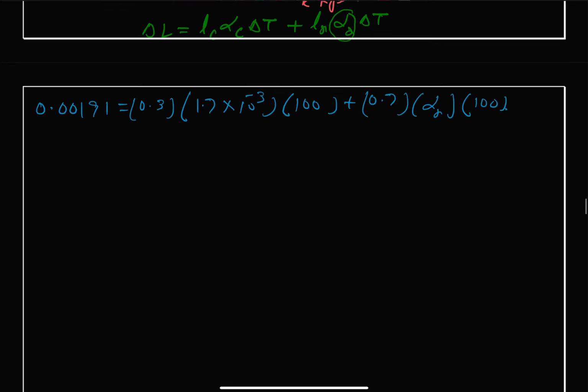So from here we get our alpha of x will be equal to 2 into 10 to the power minus 5.